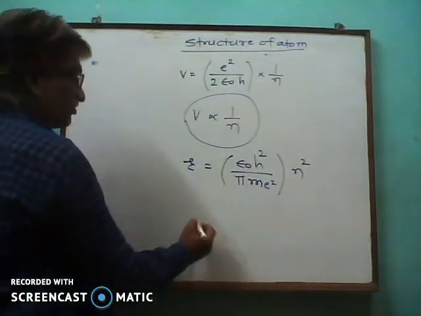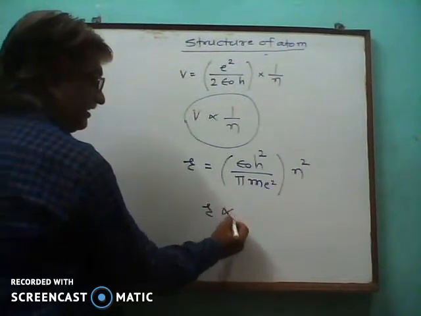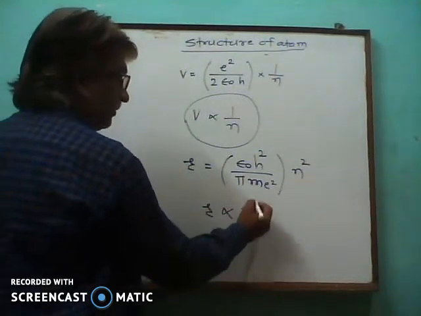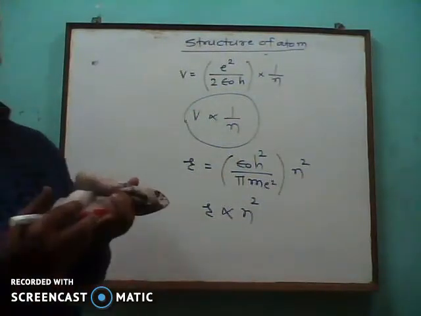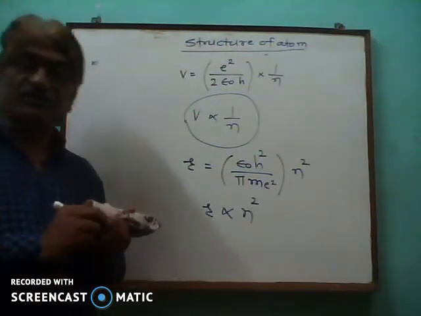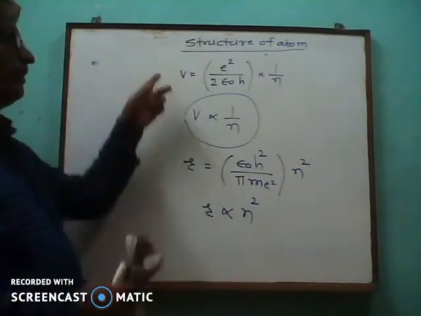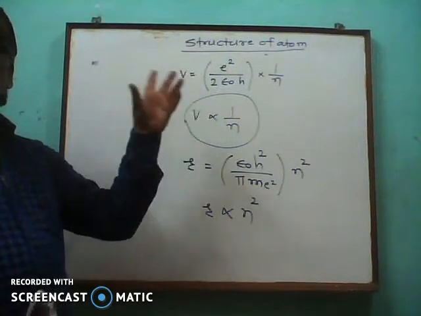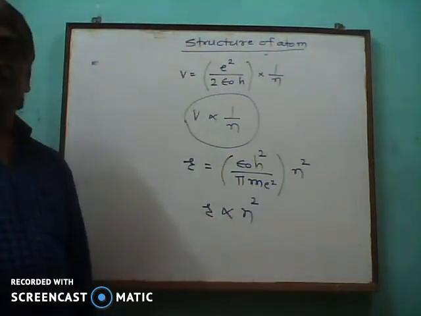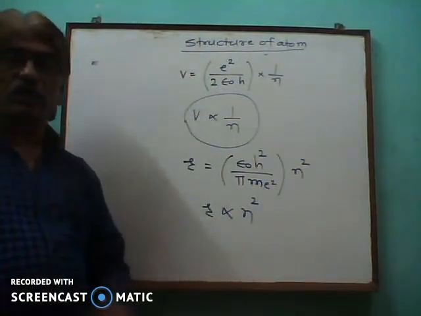If the bracket term is constant, we say that radius is directly proportional to square of principal quantum number. And another formula will be v equal to e square upon 2 epsilon 0 h, in bracket, into 1 upon n.